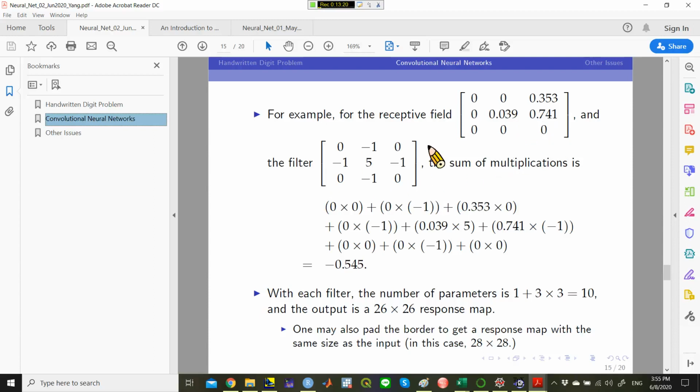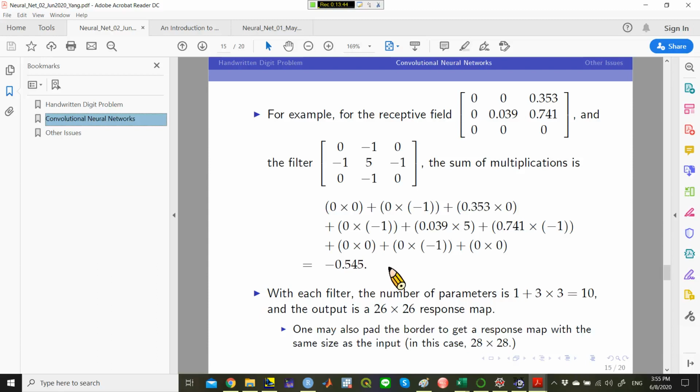Say our weight looks like this. Then the sum of multiplication is 0 times 0, 0 times minus 1, 0.353 times 0, plus 0 times minus 1, plus 0.039 times 5, plus 0.741 times minus 1, and so on. The result is minus 0.545.